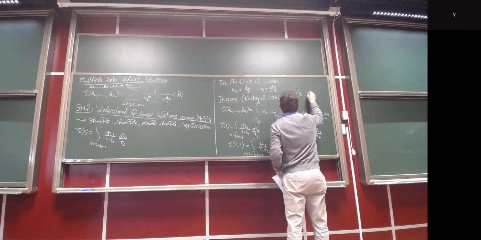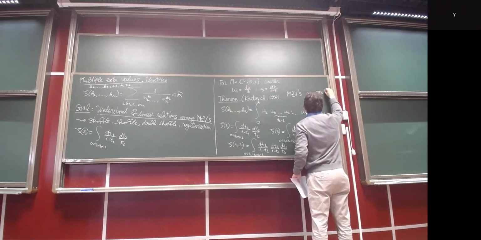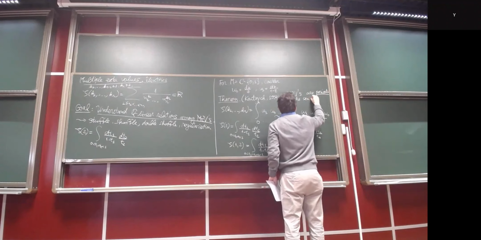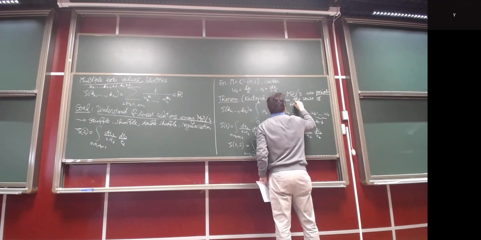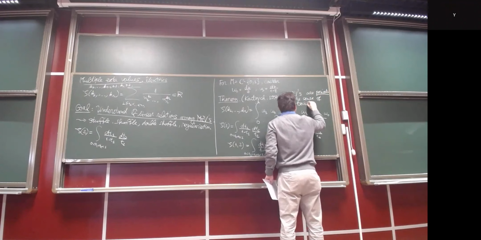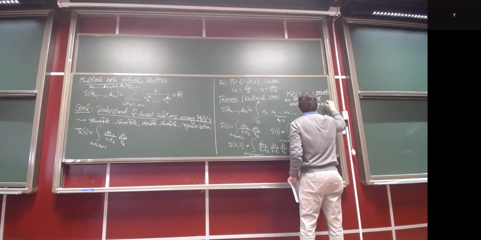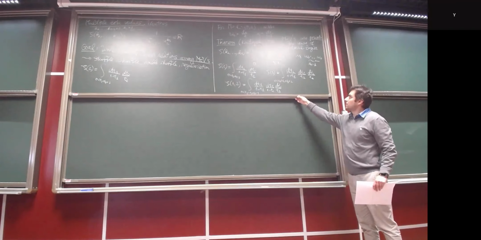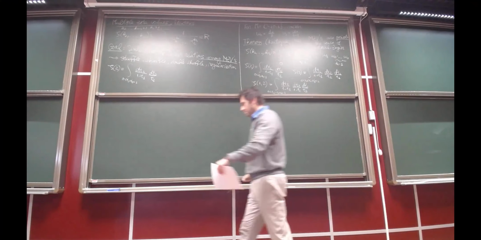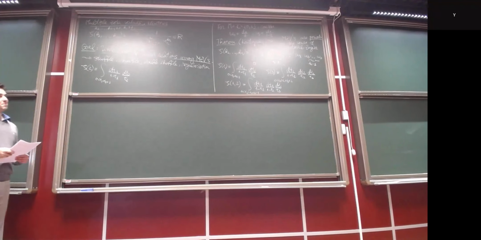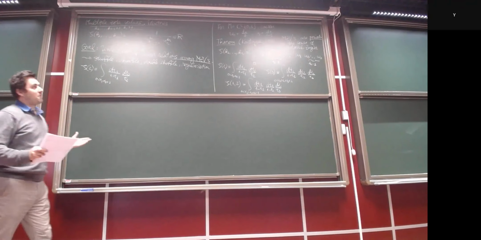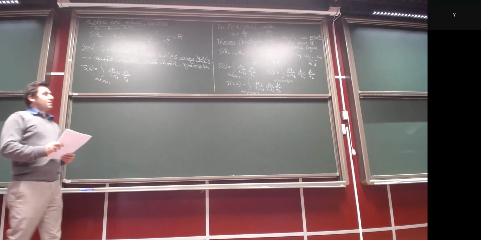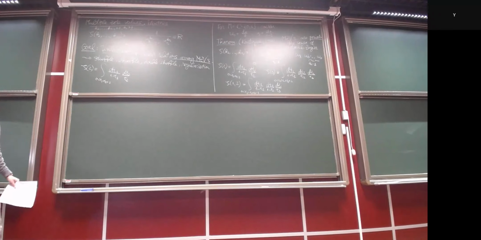Multiple zeta values are periods in the sense of the Kontsevich-Zagier definition. There are other constants that are periods. For example, pi is a period, since you can write it as an integral. You can also write the natural log of 2 and so on and so forth.